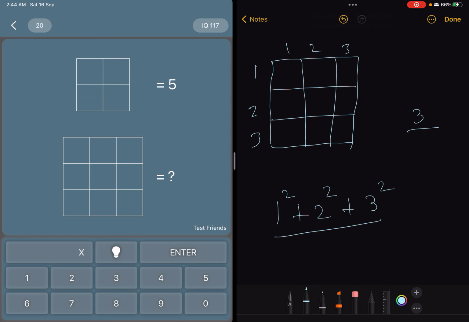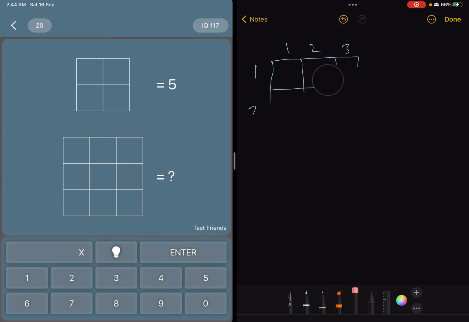This would be 1 plus 4 plus 9, which is 14. So the number of squares in this figure is 14. Using this approach, we can solve it for any number of sides of the square. We don't have to count manually, because for easy figures we can count, but for complex figures we cannot.